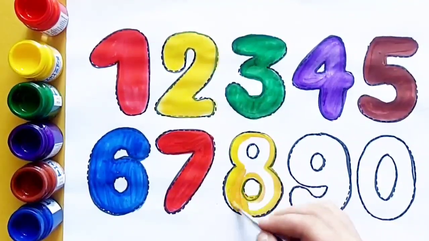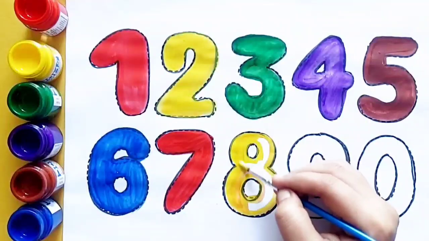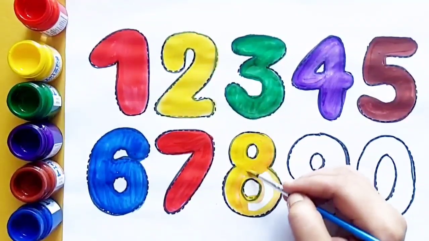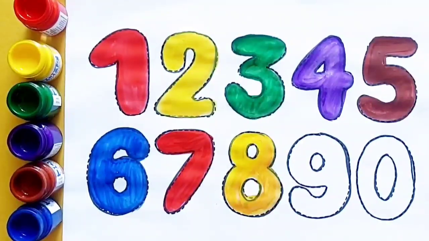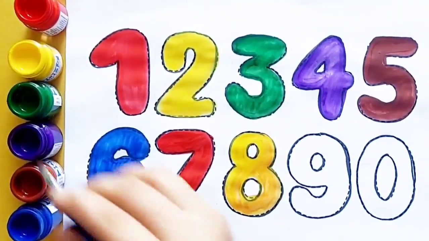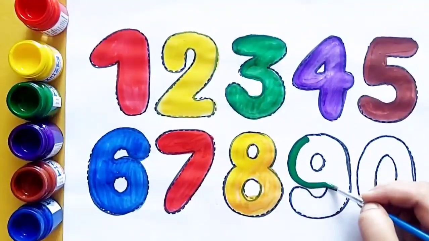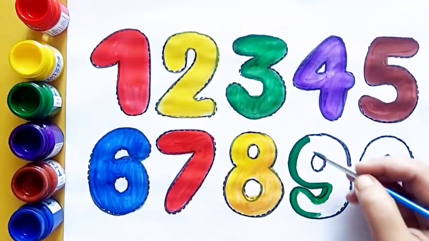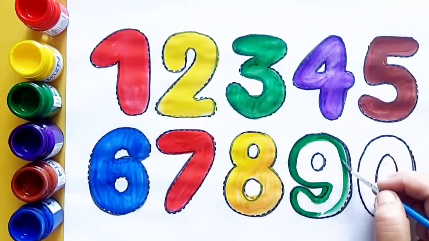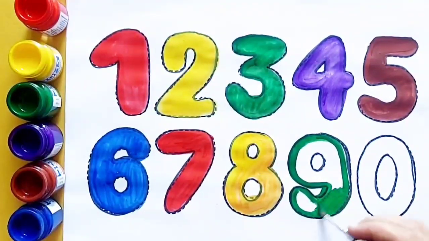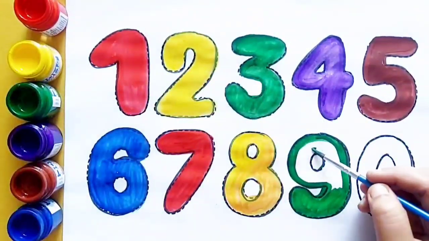Eight. Don't say a word. Mama's gonna buy you a mockingbird. And if that mockingbird don't sing, Mama's gonna buy you a diamond ring. Green color, nine. And if that diamond ring turns brass, Mama's gonna buy you a looking glass.